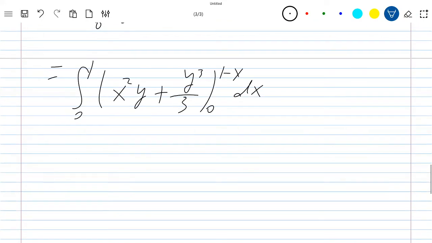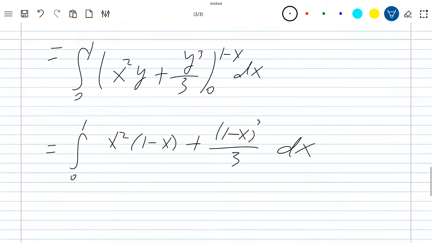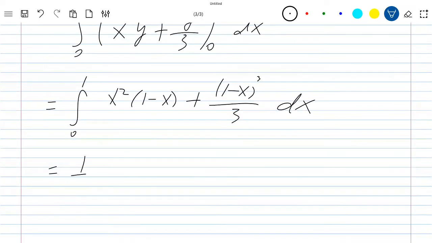right? So you will have x squared times 1 minus x plus 1 minus x cubed over 3. All right, let's add them together. So let's factor 1/3.